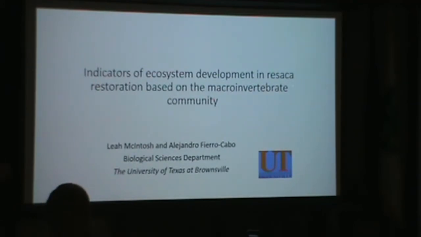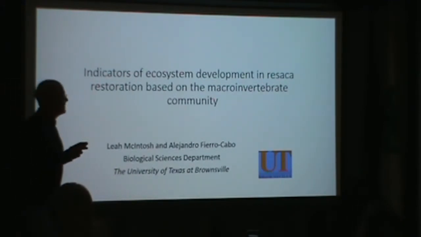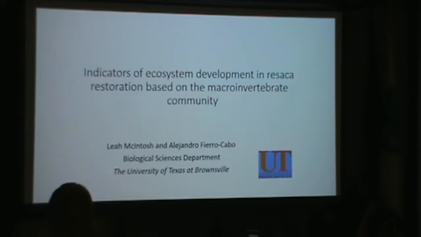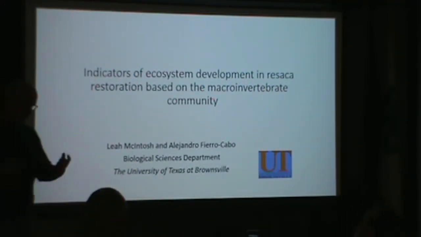It's about resacas, right? You're familiar with that term. So resacas are not just oxbow lakes. People tend to say, okay, it's the same thing as oxbow lakes. Yes, but not completely. An oxbow lake is one type of resaca, but it's not the only one. So if you want to be more correct and more generic, and give the right definition, resacas are all these tributaries of the Rio Grande.